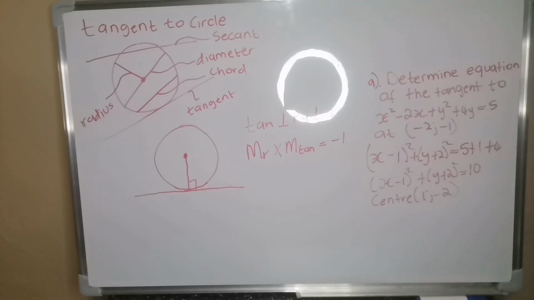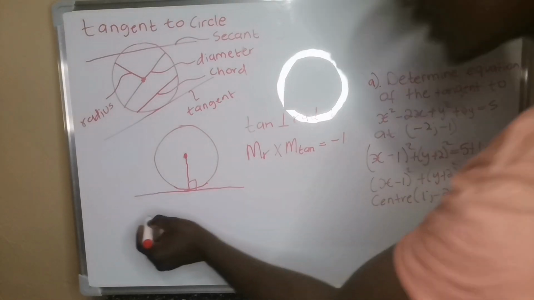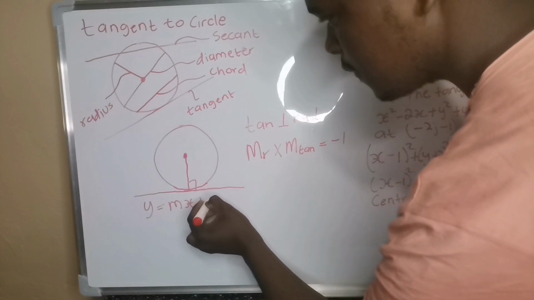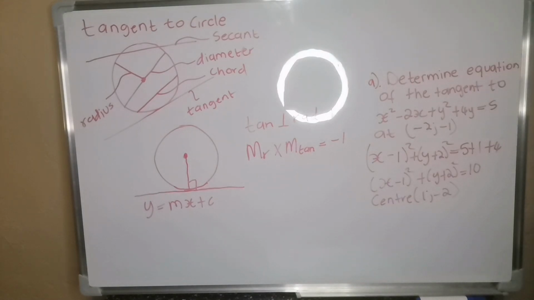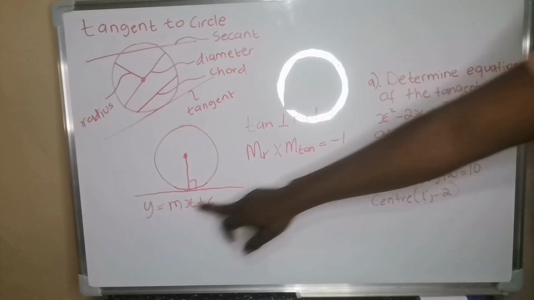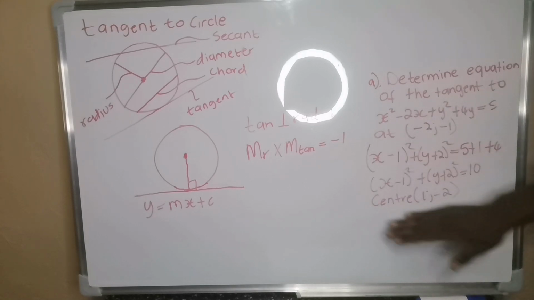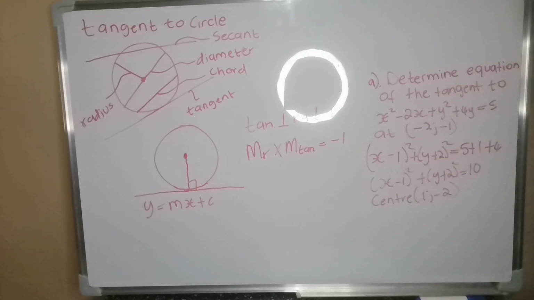Now we need to find the equation of a tangent. Remember, a tangent is a straight line, therefore its equation is y equal to mx plus c. That's how you find the equation of our tangent: we need to find m and c. Hence we resorted to finding the center first.